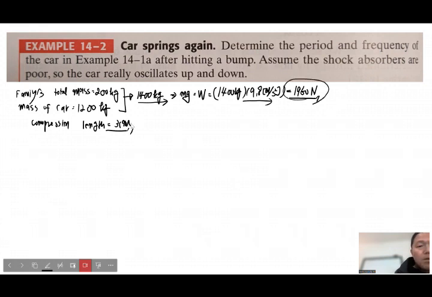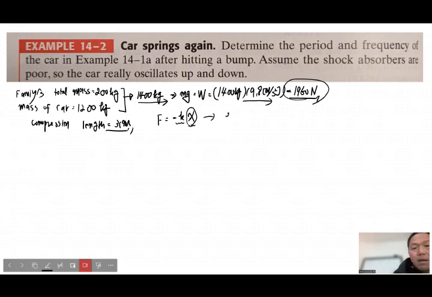So based on Hooke's law, force of spring is minus kx. Here k is the spring constant, x is the displacement or deformation or compression of the spring. The minus sign is just an indicator of the direction of force, so you don't have to worry about it.